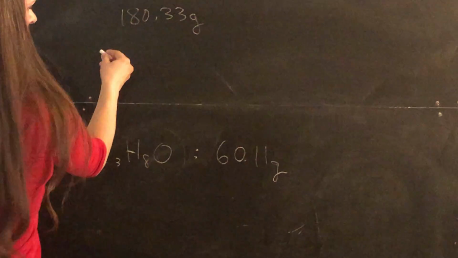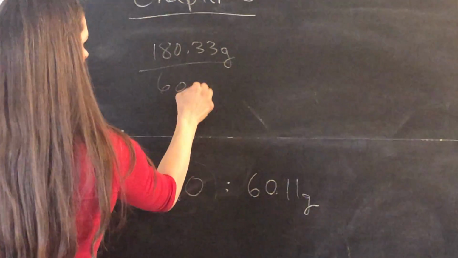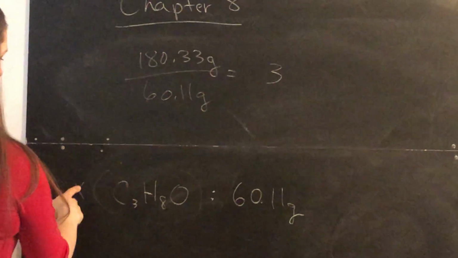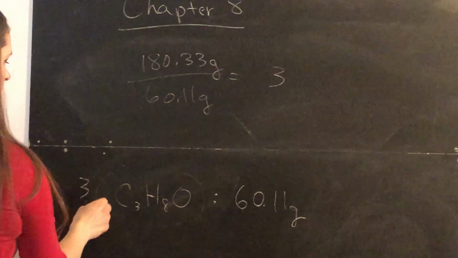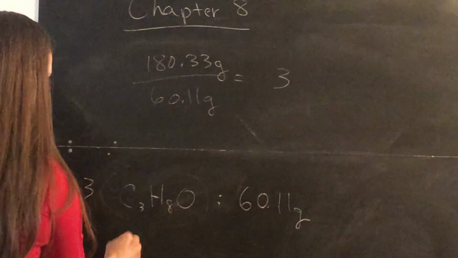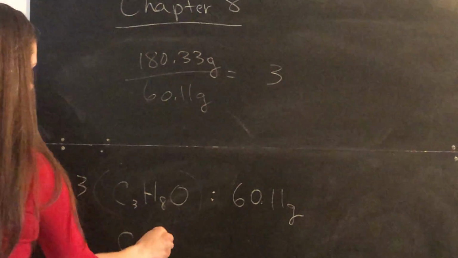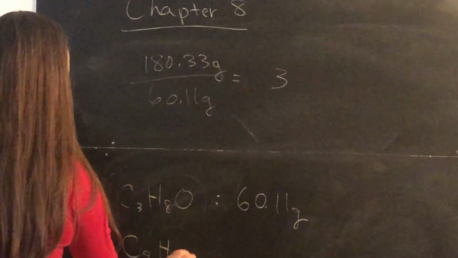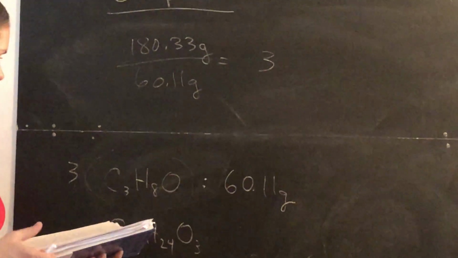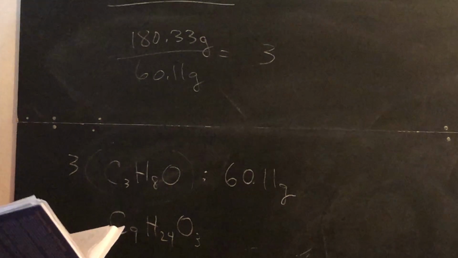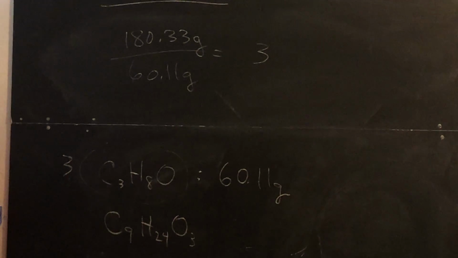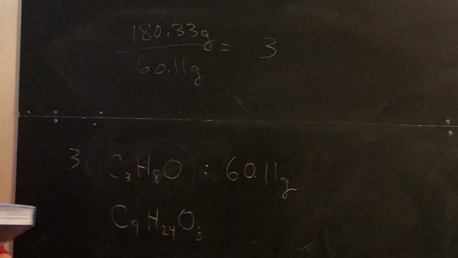So all we need to do now is divide, and the answer is 3. So we need to multiply this whole empirical formula by 3. So C3 times 3 is C9, H8 times 3 would be H24, and O times 3 is O3. So our molecular formula is C9H24O3. Is that clear? Is that too fast?